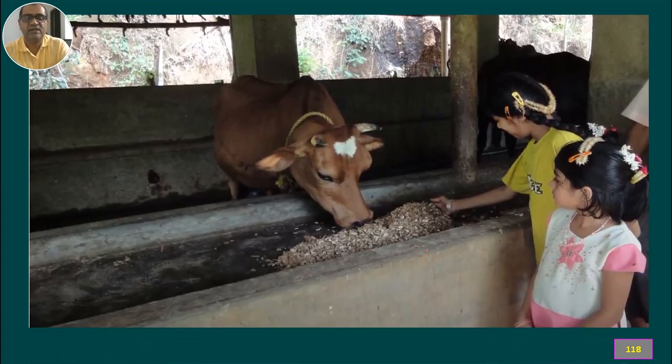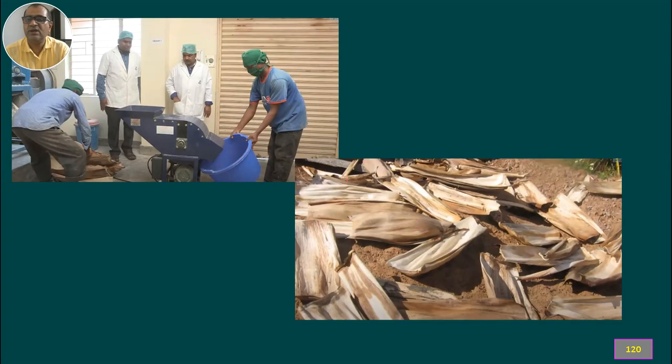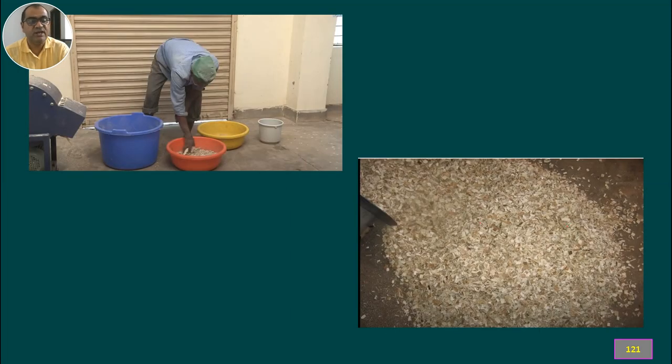Cattle are very commonly fed with this, especially in Dakshina Kannada and Udupi districts. Sheep can also be fed with the areca nut spade, another source of alternative unconventional feed. It has to be chopped properly, or else rumen impaction may happen.